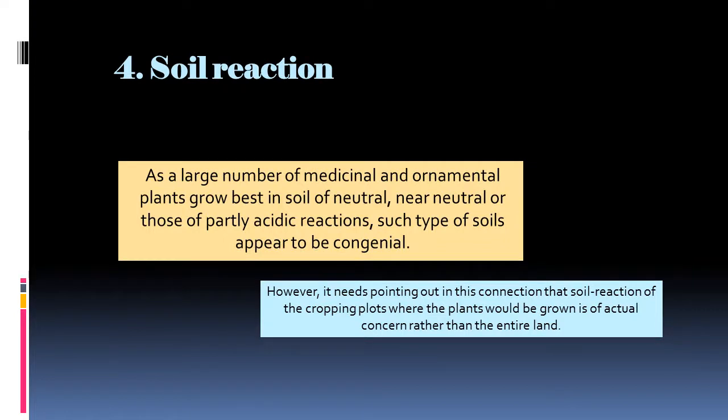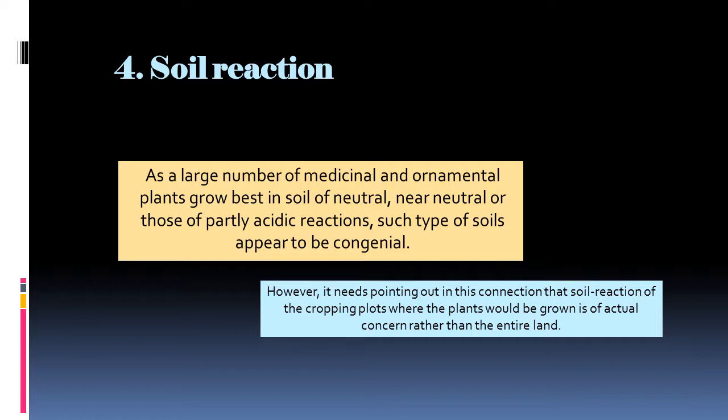Soil reaction is actually important, as a large number of ornamental plants, or sometimes a large number of medicinal plants, grow best in soil of neutral, nearly neutral, or partially acidic reaction. Such type of soil appears to be congenial. However, it needs pointing out in this connection that the soil reaction of the cropping plots where the plants would be grown is of actual concern rather than the entire land.